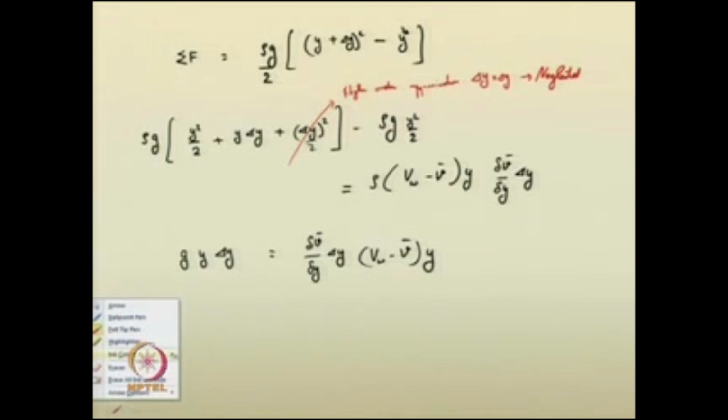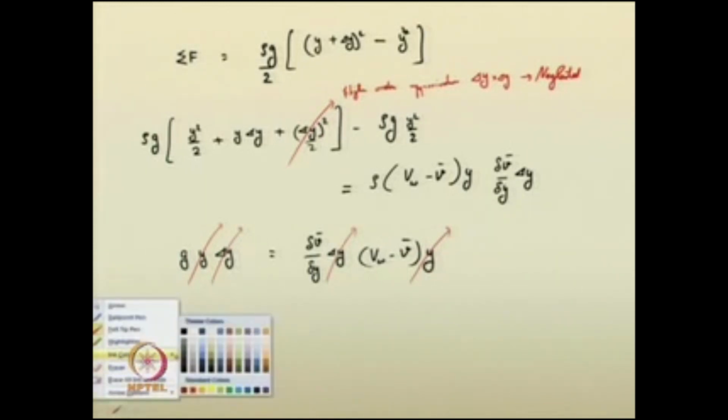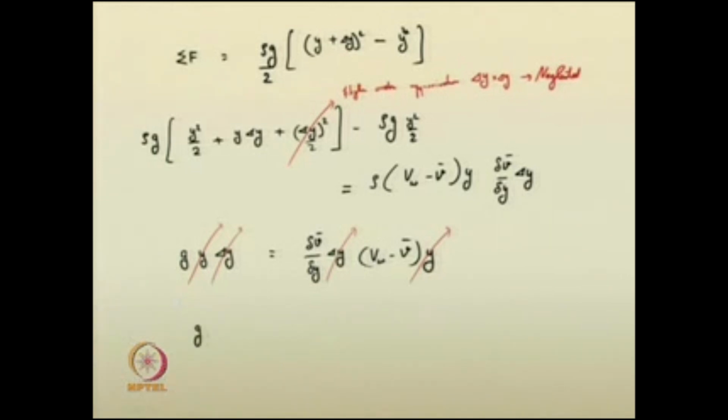So, again we can cancel some of the quantities. You are able to see that this y here and this y here can be cancelled off, and this delta y can be cancelled off. So, I can write this quantity now, g is equal to del V bar by del y times (Vw minus V bar).